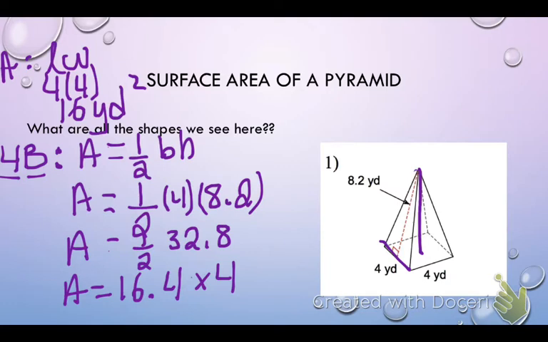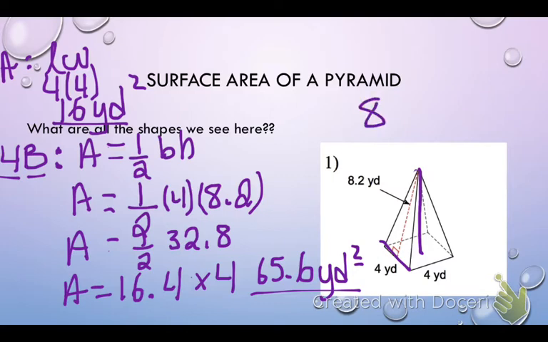So the area of every single triangle together up there is 65.6 yards squared. Again, it's area. All right, so we take the area of all the triangles plus the area of the square, and we get 81.6. So the surface area equals 81.6 yards squared.